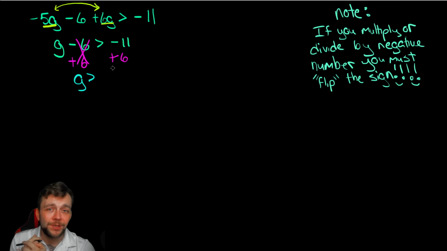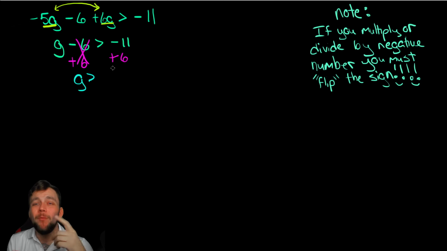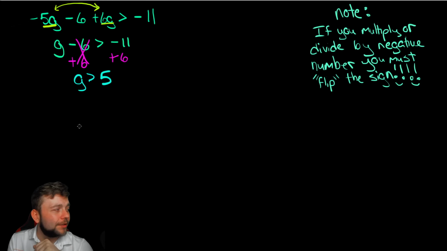You give them the $6, and they say, hey, you still owe me money. How much money do you owe them? You still owe them $5. So it's a negative 5 on the right side. So g is greater than negative 5.